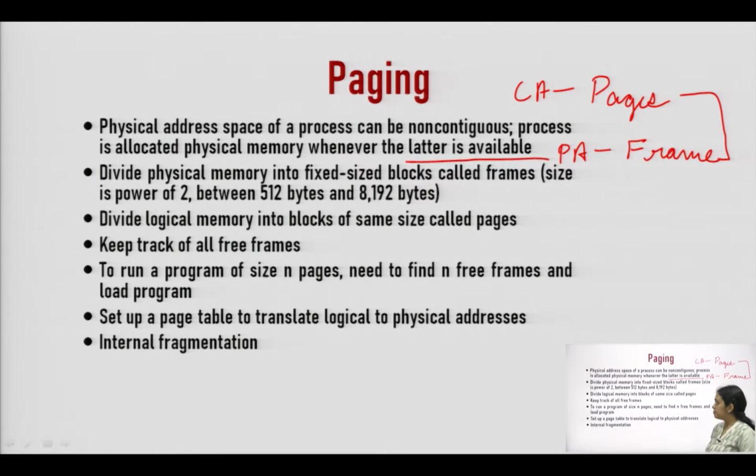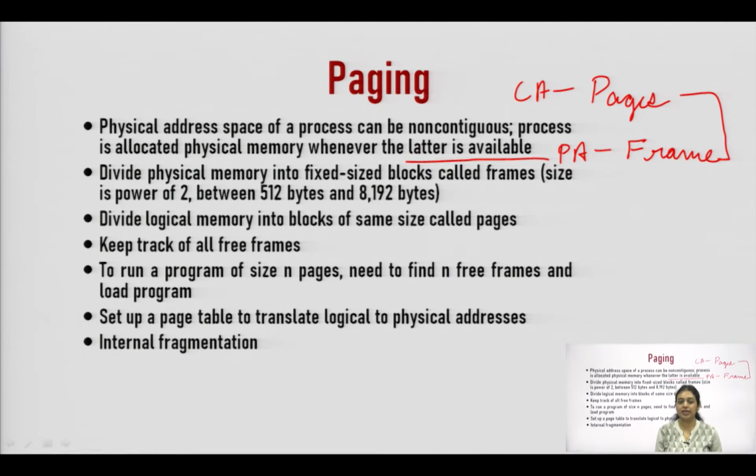We divide the physical memory into fixed size blocks called frames, whose size is normally a power of 2 and ranges between 512 bytes and 8192 bytes. This is a standard norm that we take. Now, the logical memory is divided into pages, and we have to fit one page into one frame.